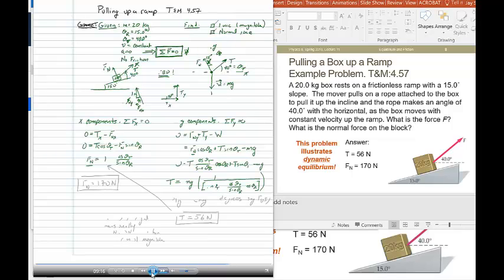Sorry about the clarity of those expressions. If I plug in the numbers, pay attention to degrees and significant figures, I get that the tension is equal to 56 newtons. And I can plug this back into the equation for the x components to figure out what the normal force is.